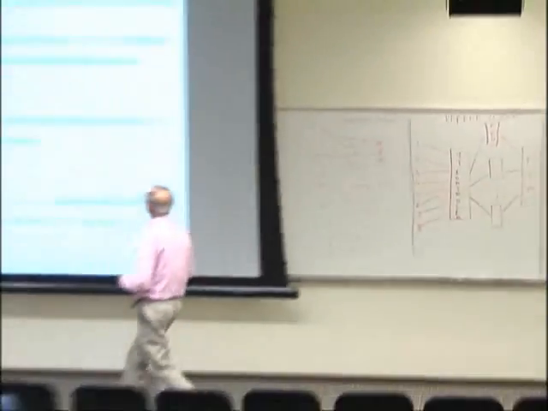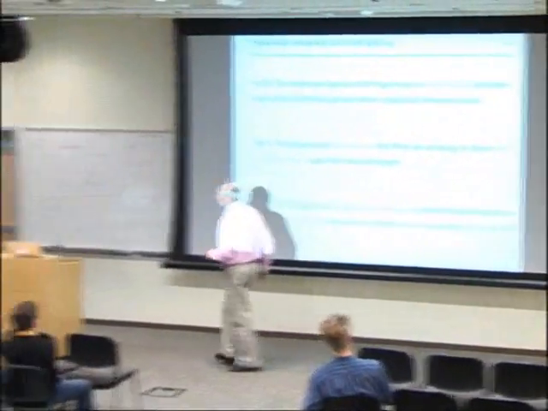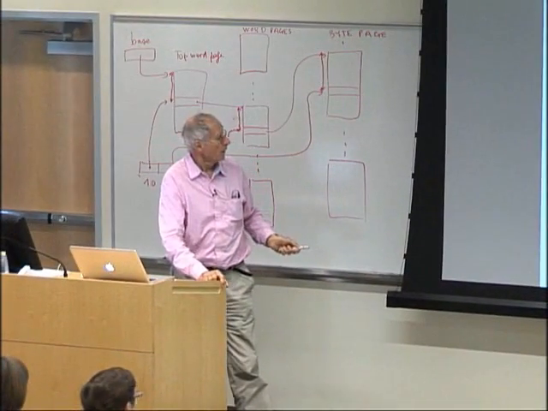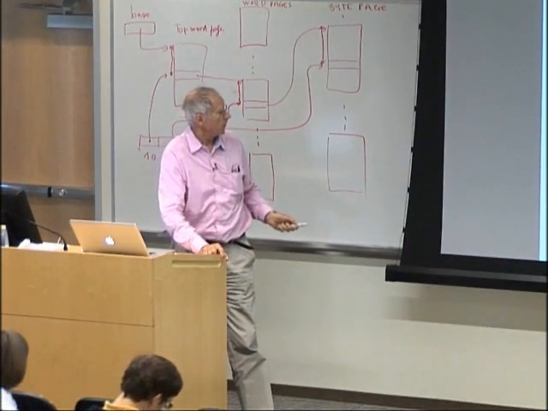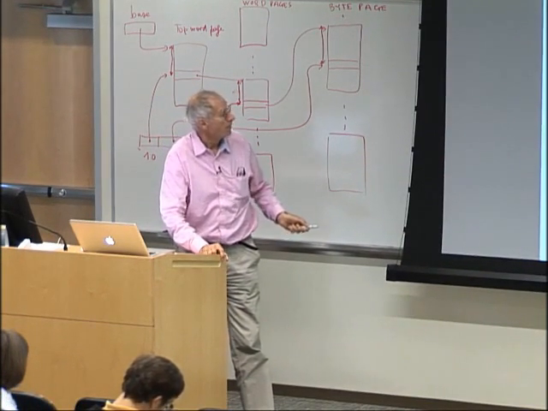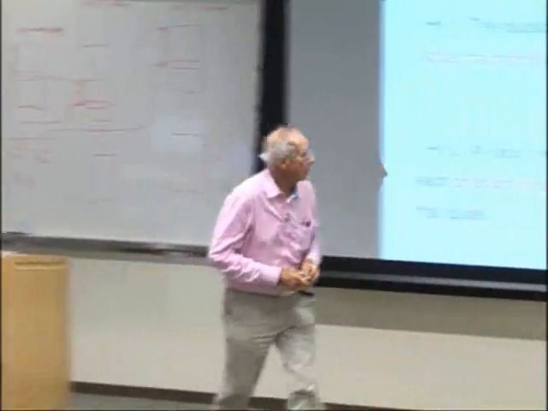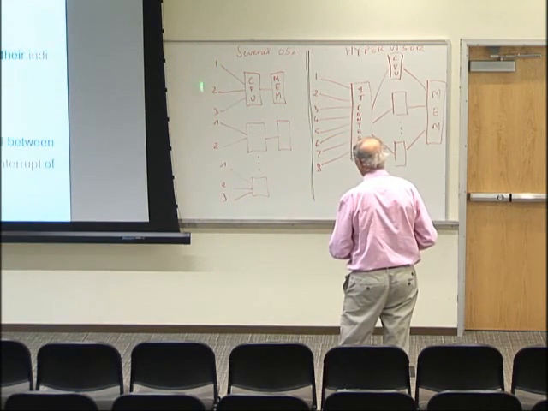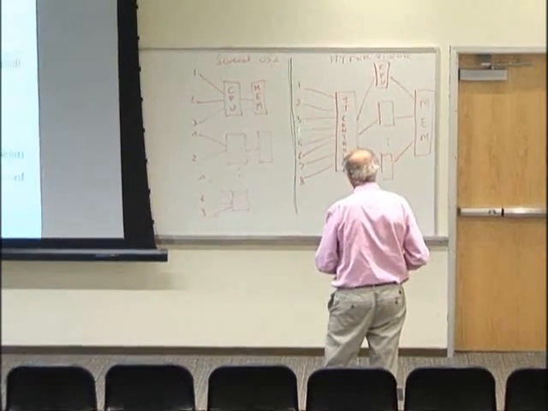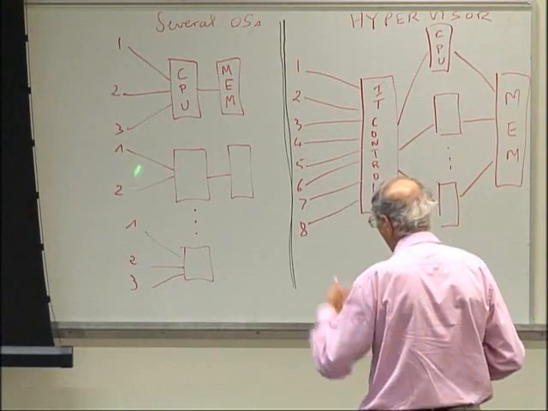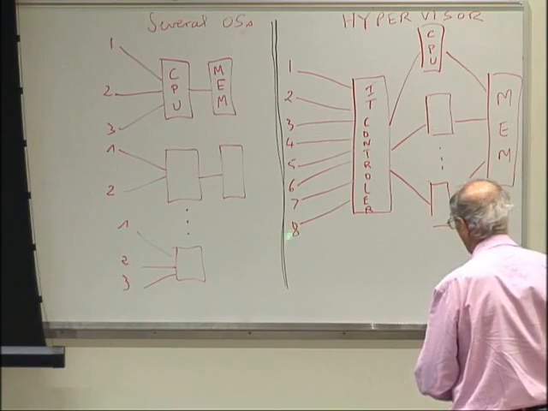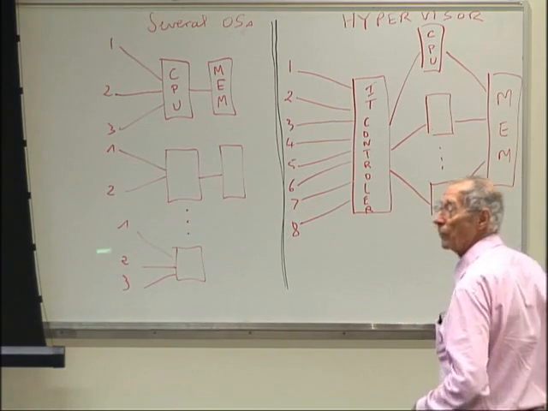First of all, there is a one-to-one correspondence, an injective connection, established between each physical interrupt and a pair made of a guest and an interrupt. For example, physical interrupts 1, 2, 3 are connected to 1, 2, 3 of this guest, and then 4, 5 are mapped to 1, 2 of the second guest, and 6, 7, 8 are connected to 1, 2, 3 of the third guest.